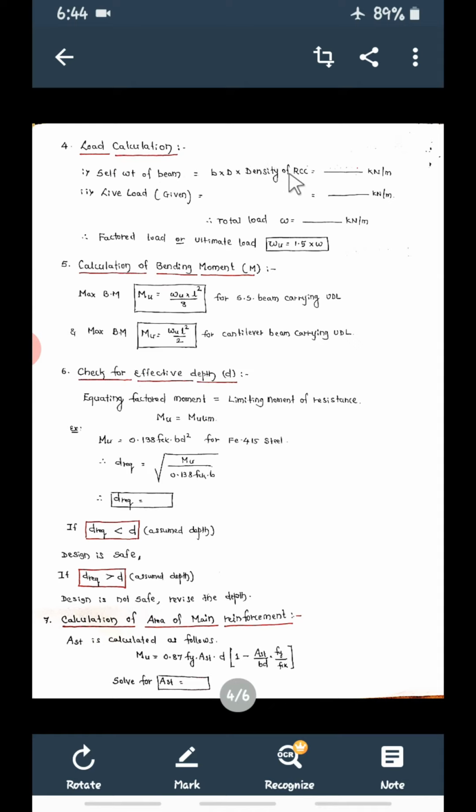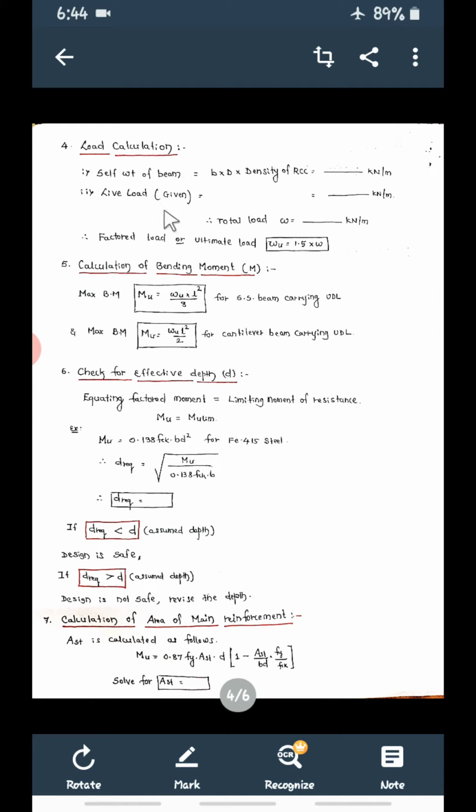The density of RCC is 25 kilonewton per meter cube. So area, that is small b into capital D into 25, we'll get the self weight or own weight of the beam in kilonewton per meter.